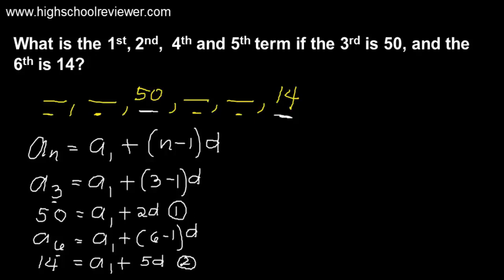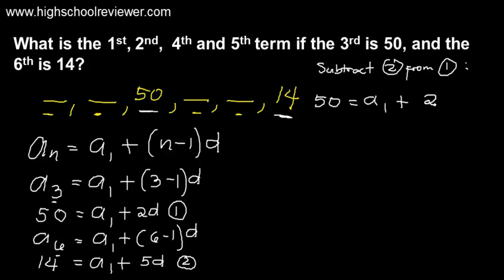Looking at the two equations, we can subtract equation 2 from equation 1 so that we can cancel out a sub 1. Our equation 1 is 50 equals a sub 1 plus 2d.